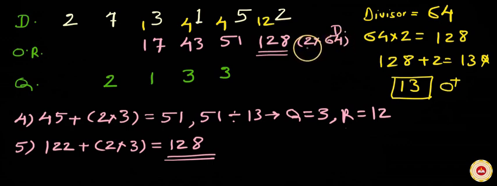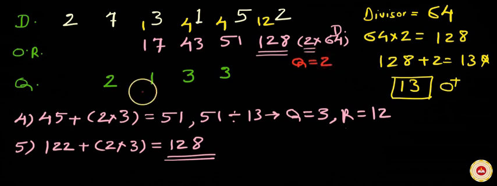It means that this 2 is the quotient in this part, and we use this quotient in the last step to calculate the final answer.